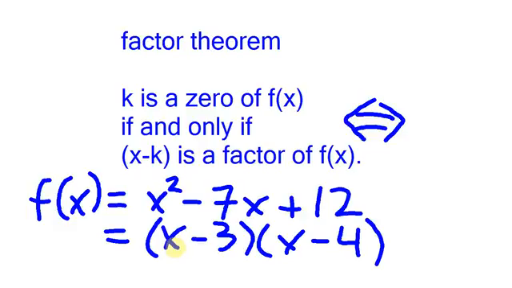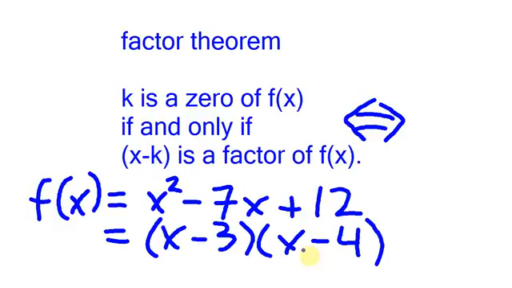So here you'd have 3 being a 0, as in when you plug in 3 for x, you get f of x equaling 0, and 4 would be a 0. So since 3 is a 0, then x minus 3 is a factor of f of x. And similarly, 4 is a 0, so x minus 4 is a factor of f of x.